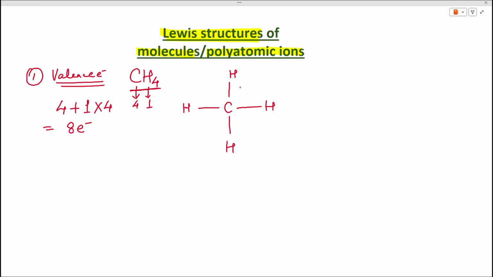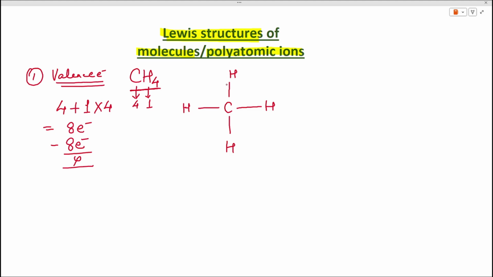To make 1 bond, 2 electrons are required, and because we made 4 bonds, 4 times 2, we have used 8 electrons. So we had 8 electrons and we have used all the 8 electrons. We are left with nothing. Let us check. Hydrogen is good with 2 electrons.